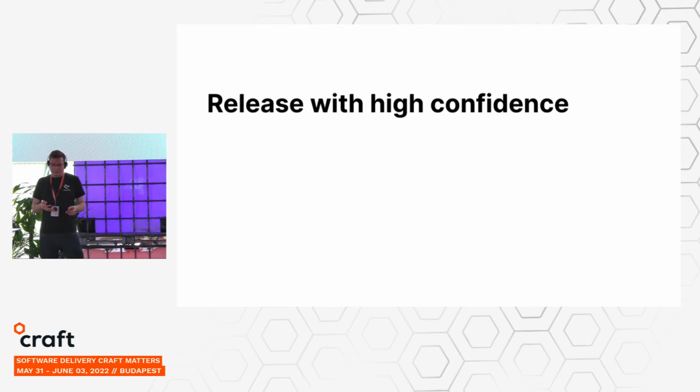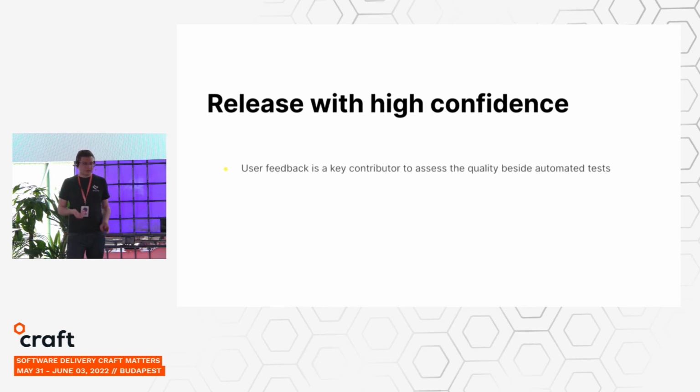And the most critical part of the project lifecycle is when you're about to release the project. So what can we do to increase the confidence level of the release? We relied very heavily on user feedback.